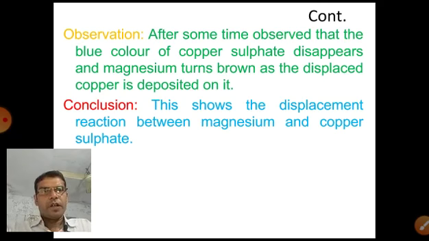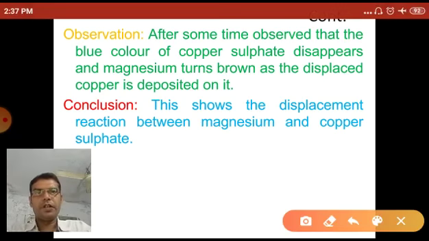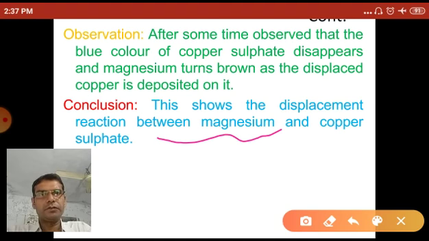Now what conclusion do we get after this activity? This shows that a displacement reaction takes place between magnesium and copper sulfate.